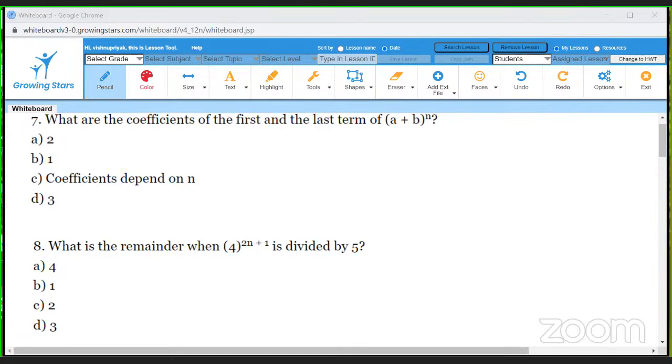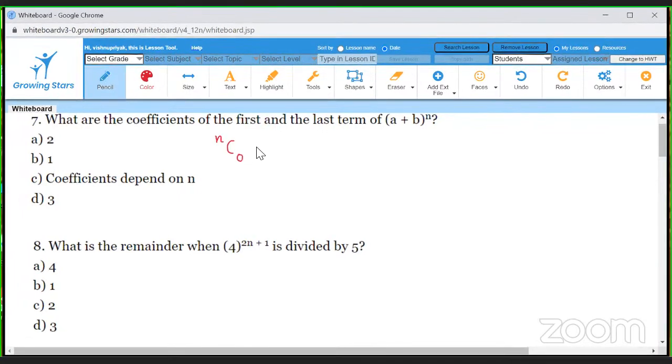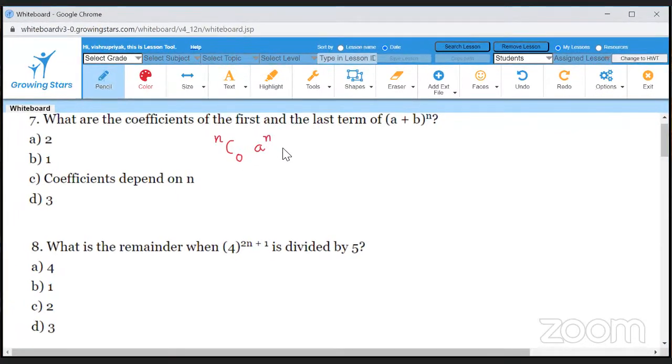If you see the first term, NC0, a power n, b power 0.